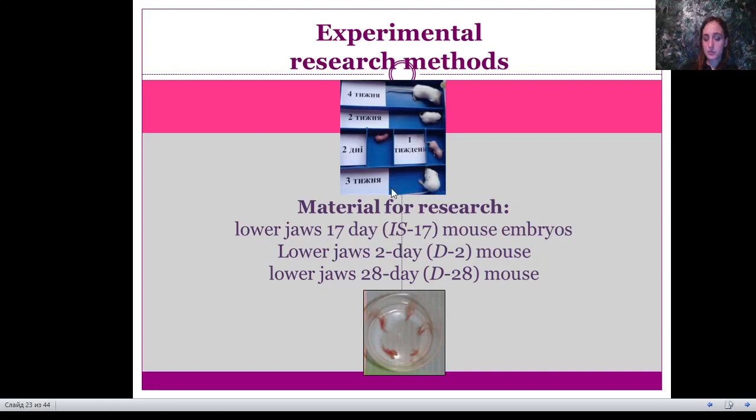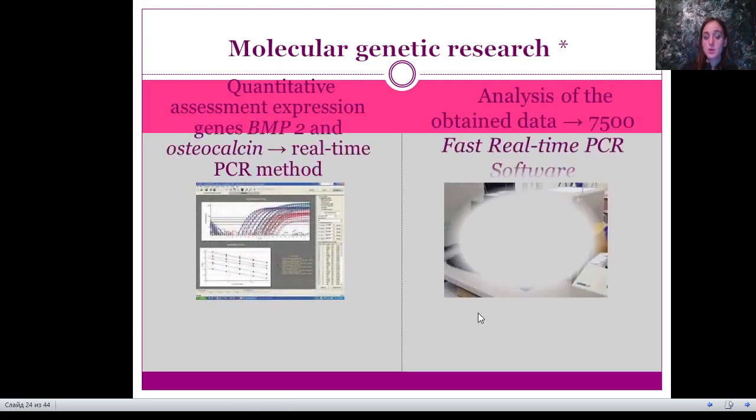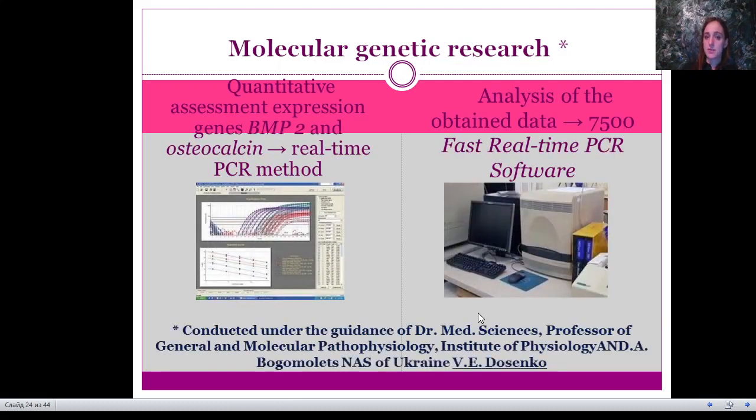And such materials for research, we can see lower jaws, and we use some molecular genetic research, quantitative assessment expression, and analyzing all the obtained data.